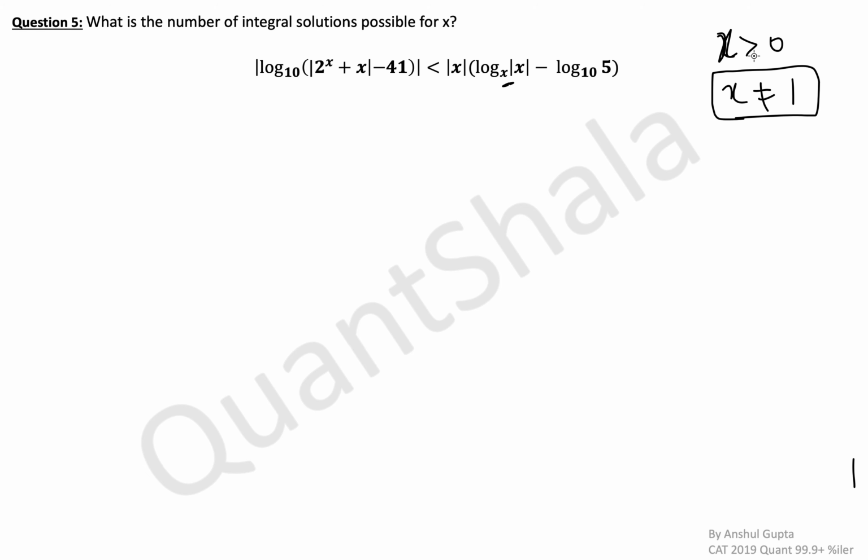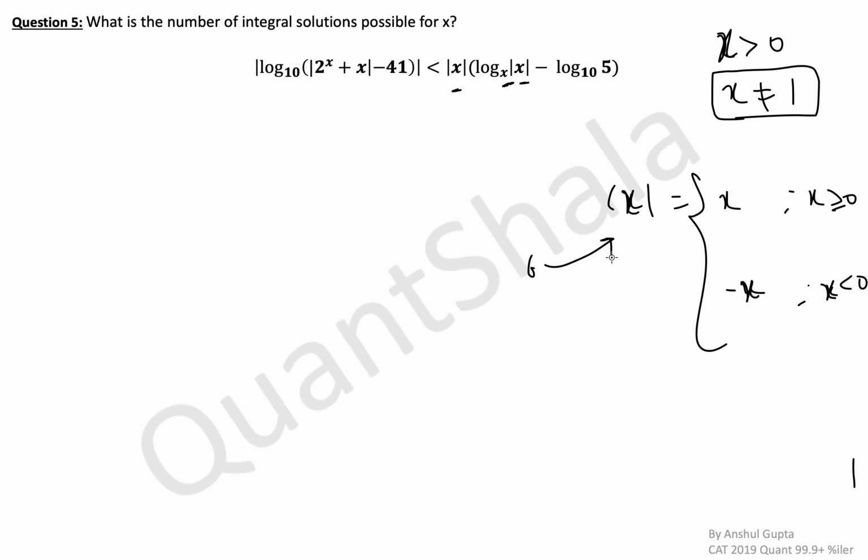Okay. So if x is greater than 0, then all of these mod x's will become x only, right? Because what is the definition of mod x? Mod x is x if x is greater than or equal to 0, and minus x if x is less than 0. Why is it like this? This is a very basic definition of mod x. So what does mod x do? If you give, let's say, 6 to mod x, it returns 6, and if you give minus 6 to it, it will again give you 6 back.